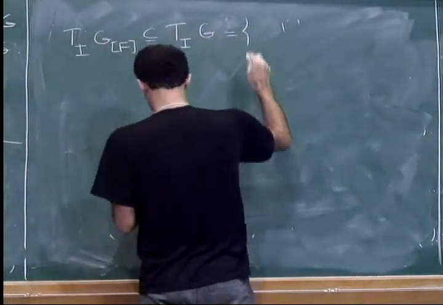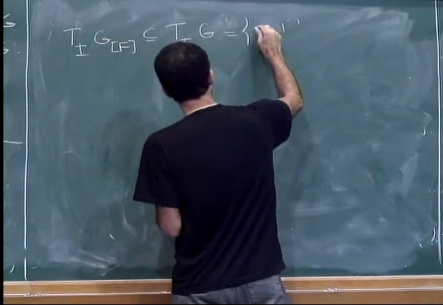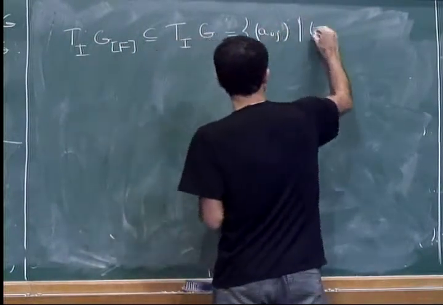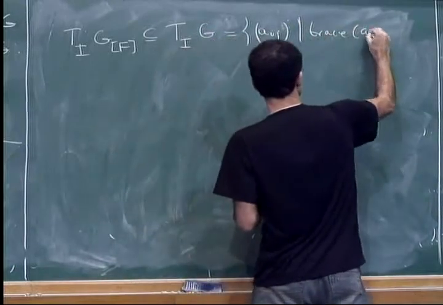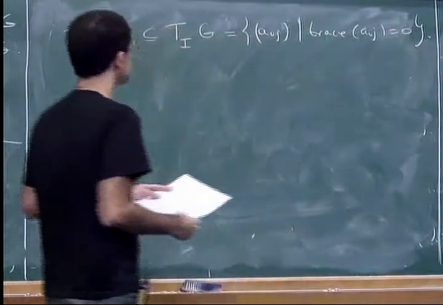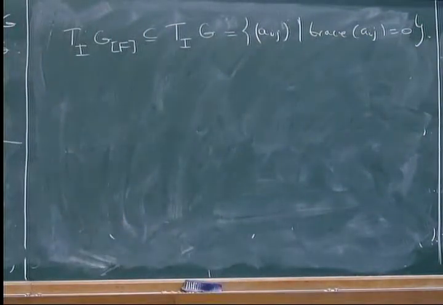And Bertrand showed last time that this can be identified with the set of matrices whose trace is 0. Okay? And to show that, he used the infinitesimal description, and that's what we're going to use to show that the tangent space is 0.